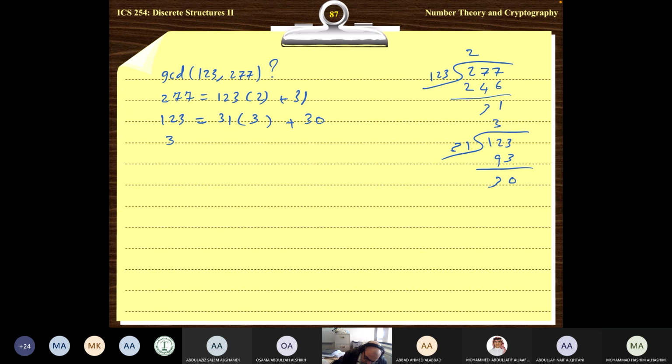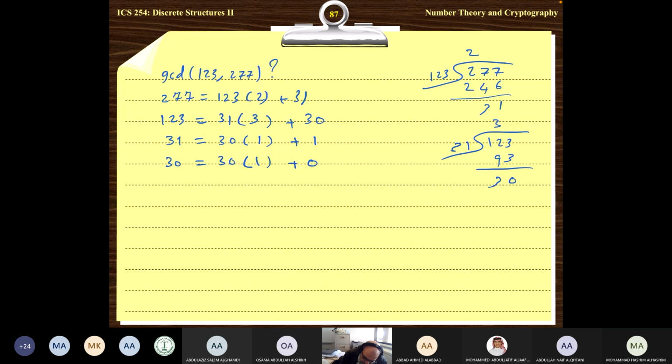So 31 is equal to 30 multiplied by what plus what? 1 plus 1. Okay. So now we are left with 30 and 1. So 30 is equal to 30 multiplied by 1 plus 0.